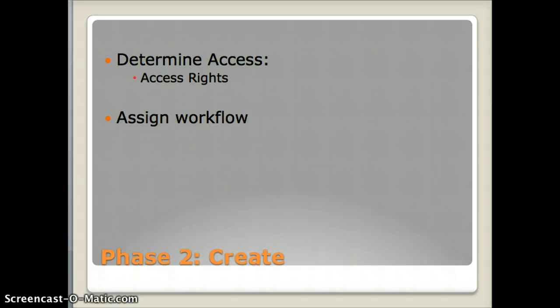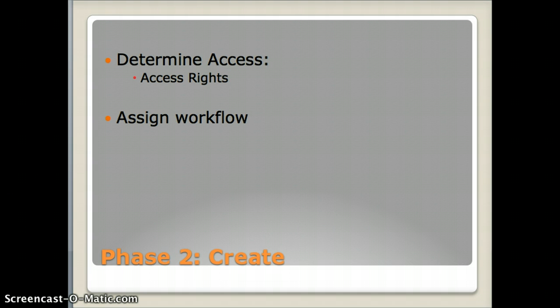And the second thing is assigned workflow, which is optional for you depending on if you feel you need this. It allows for content that needs additional attention before final release to be addressed.